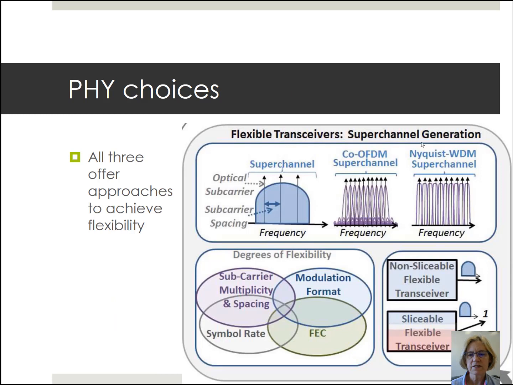So all of these three approaches give us the flexibility that we requested, that I talked about in the third section today, where we talked about how we would want to play with modulation format, symbol rate, and spacing to achieve a more effective use of resources.